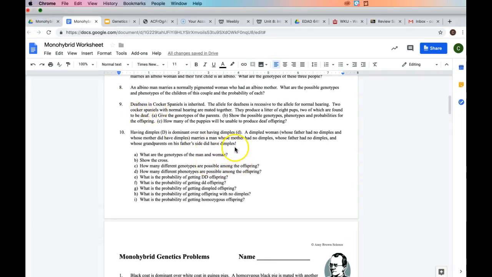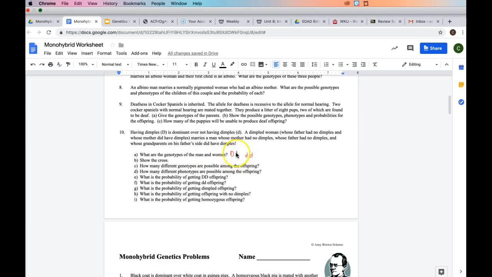All right, sorry. So the genotypes, again, you can go back and look at my explanation earlier, are big D, little d, or heterozygous for the woman, and little d little d, or homozygous recessive for the man. I showed the cross earlier.